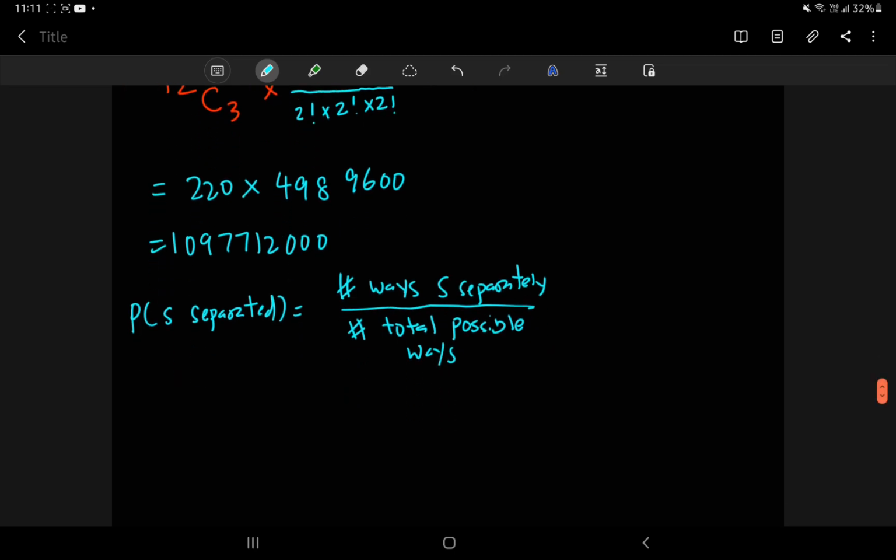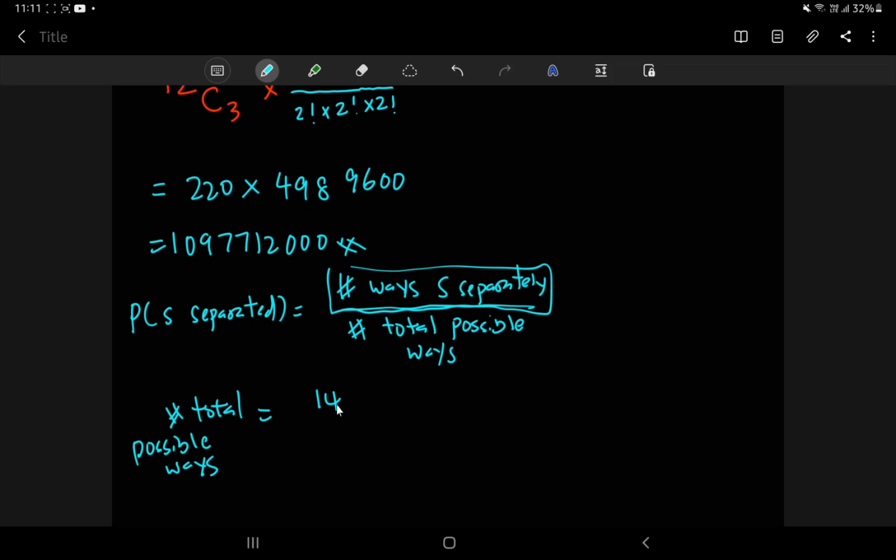We already have the numerator, which is this value. The total possible ways is simply 14 factorial divided by 3 factorial times 2 factorial times 2 factorial times 2 factorial.